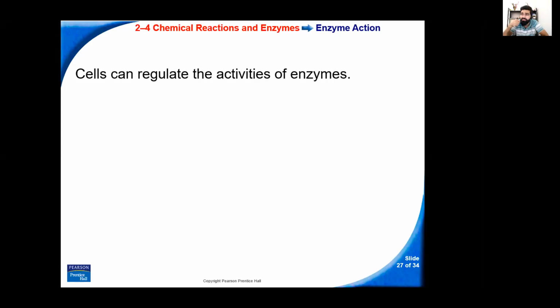Directly, the cell switches off the enzyme or stops the enzyme's production, so the chemical reaction will not work. So the cells regulate their activities by using the enzymes as a key to switch on or switch off the chemical reactions, because of course not all the chemical reactions are working at the same time. Got it?